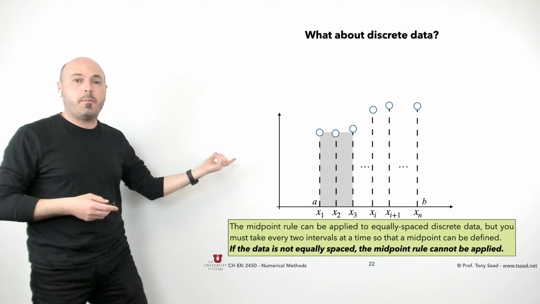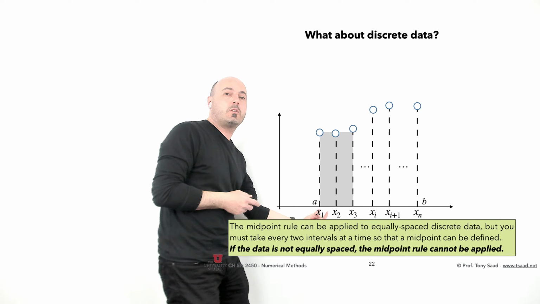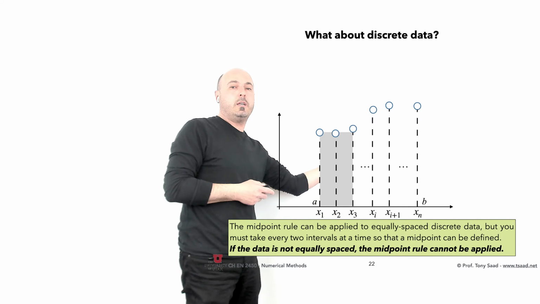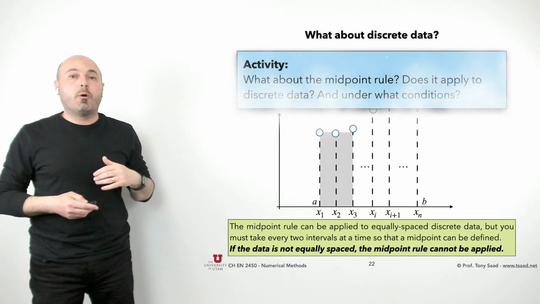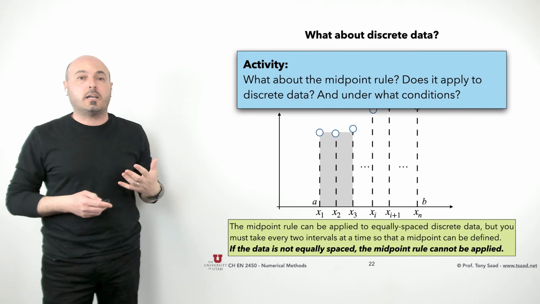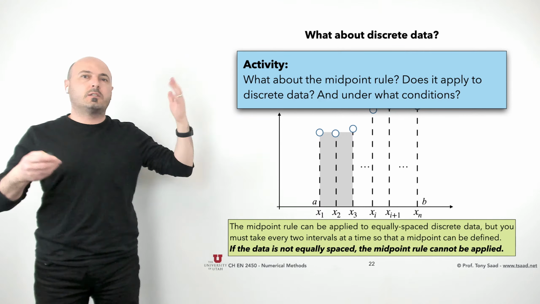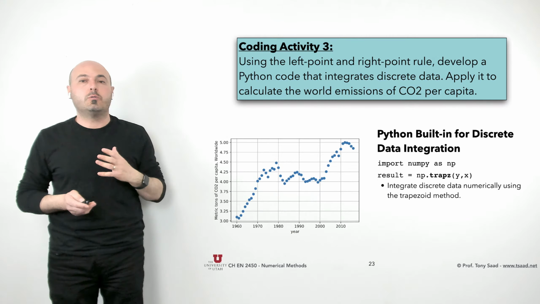So as in this example, your interval, rather than being x1 to x2, has to be x1 to x3, so that x2 is your midpoint value. Okay, so you skip every other point. However, for unequally spaced data, that is not the case. Now you can skip every other point, it's just going to give you some other rule, but it's not the midpoint rule. So I would not recommend you do that.